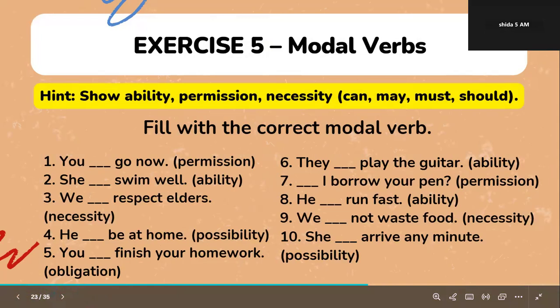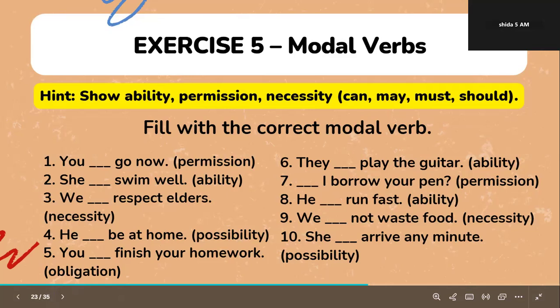Number 5, modal verbs. They show ability, permission, necessity, like can, may, must, should. So we have to fill in the correct modal verb here. The first question shows a permission, like you dash go now. So what will be the answer? When we have to seek permission, usually we ask, may I go there?